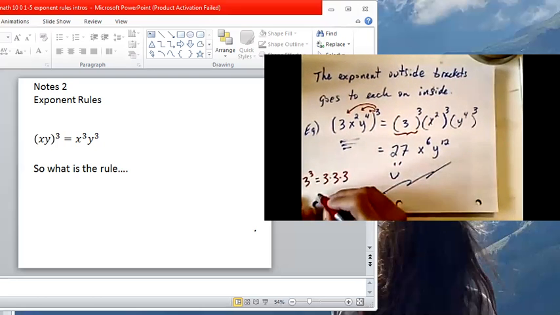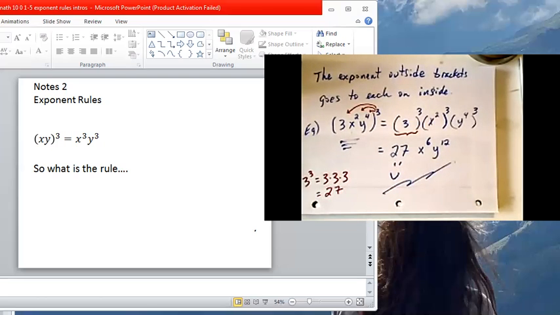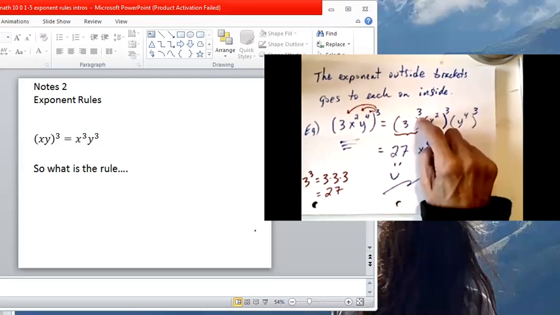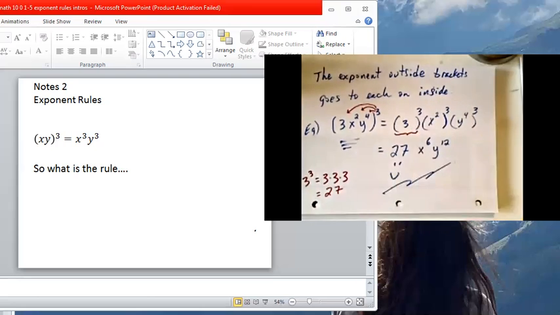Ah, okay, I got it now. I thought I multiplied 3 times 3 times 3 times 3, which is more than 27. That's right. That would be a 4 up there. Yes, I misunderstood. Now I'm clear.